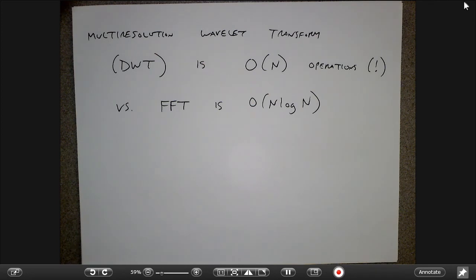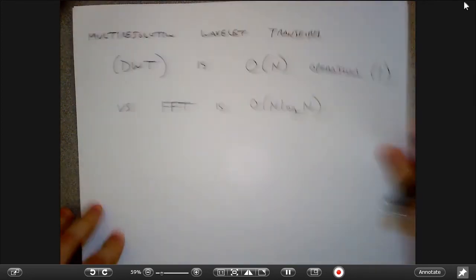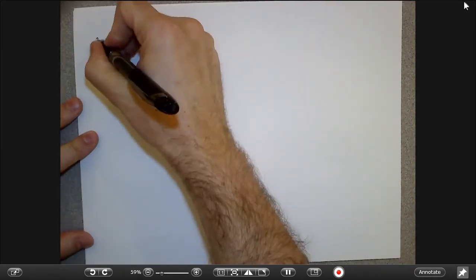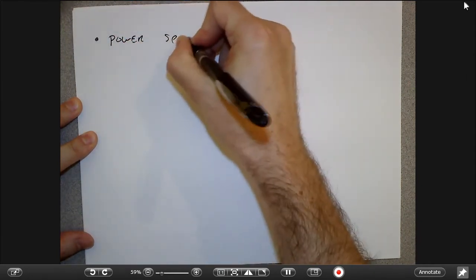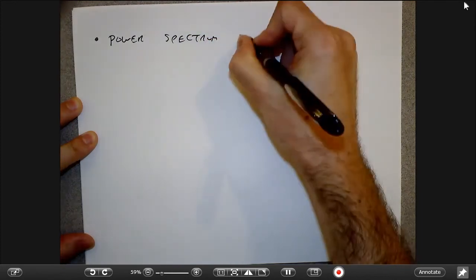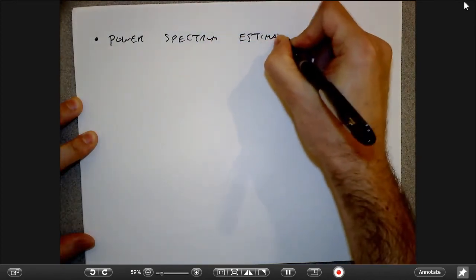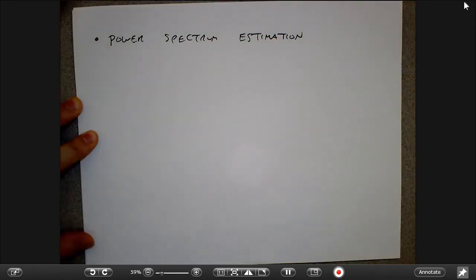Okay, so let me just wrap up with a couple of comments about directions of DSP I didn't really talk about. One thing I didn't talk about in class because, frankly, I find it kind of boring, but it is important, is power spectrum estimation. The short form of it is that it's the Fourier transform of the autocorrelation of the signal, right?